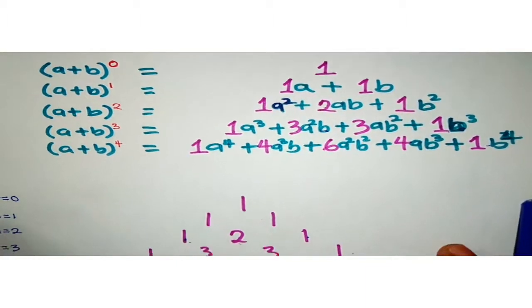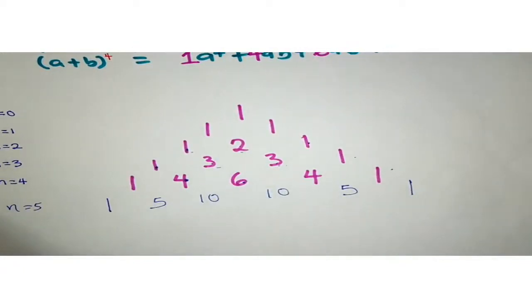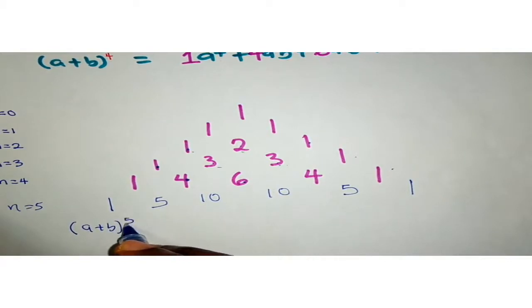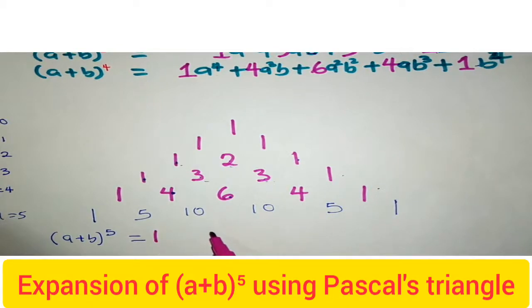Now with that, we can obtain the expansion of a plus b raised to power 5. Now from our Pascal triangle, we can write the coefficients as 1, 5, 10, 10, 5, and 1.